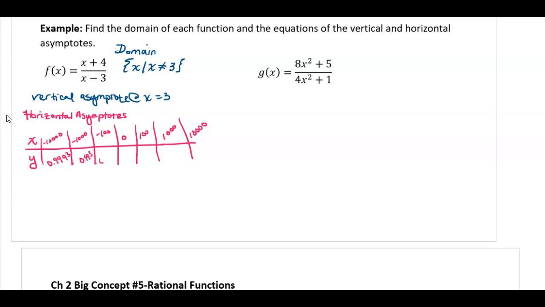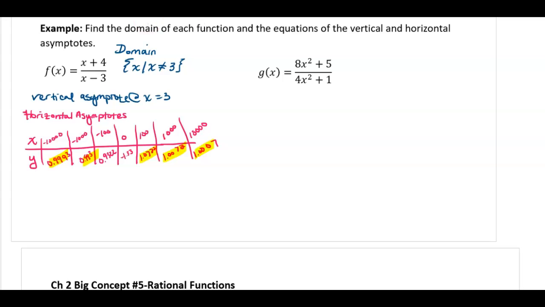Negative 100, 0.9322. Then we had negative 1.33, 1.0722, 1.0072, 1.0007. So, excluding this middle one, all of these are close to which whole number?